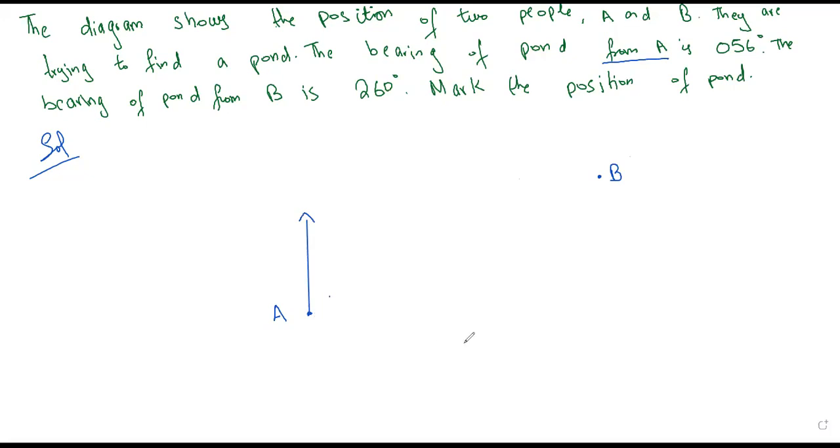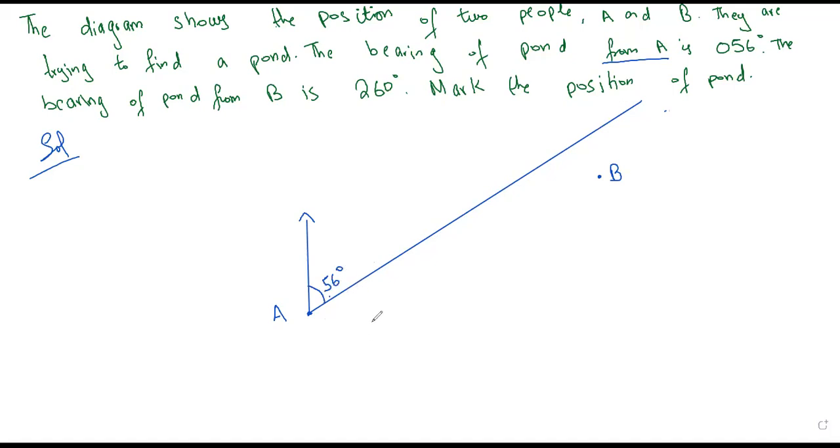So obviously we have to use the protractor for this, but I am going to make a rough line. So it would be somewhere on this line. Okay, I'm not sure about the position, but this is where it could be. It could be anywhere on the line, and this angle is 56 degrees. Okay, this is what I've been told.